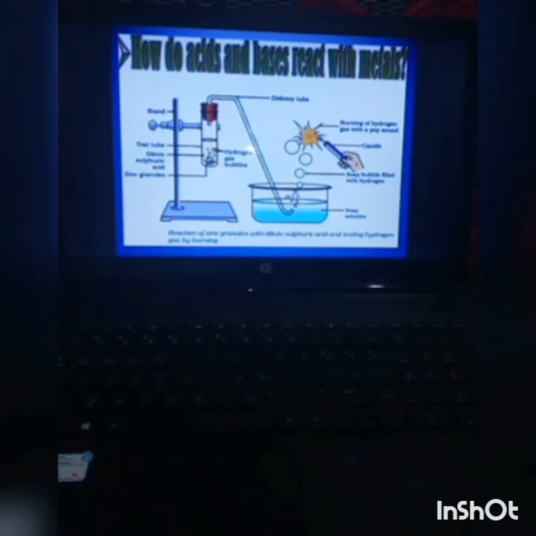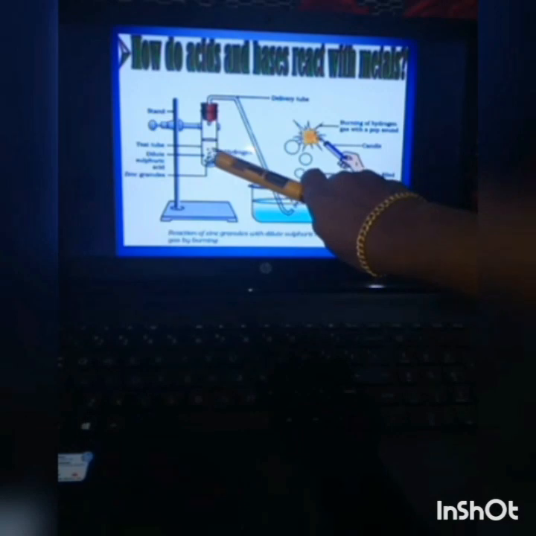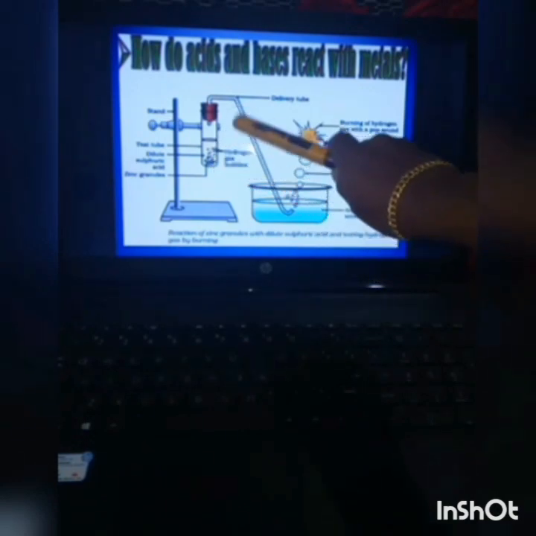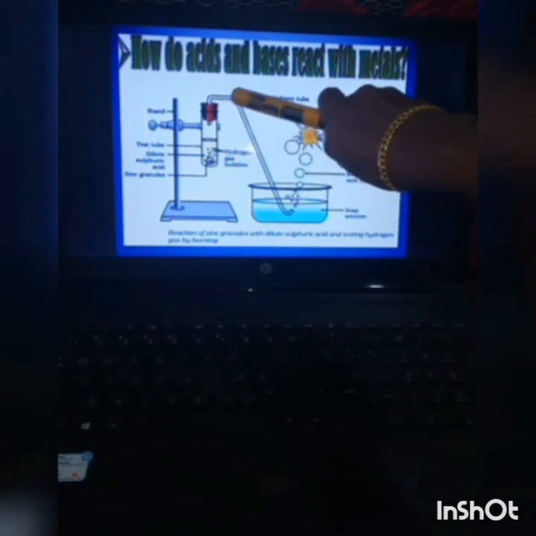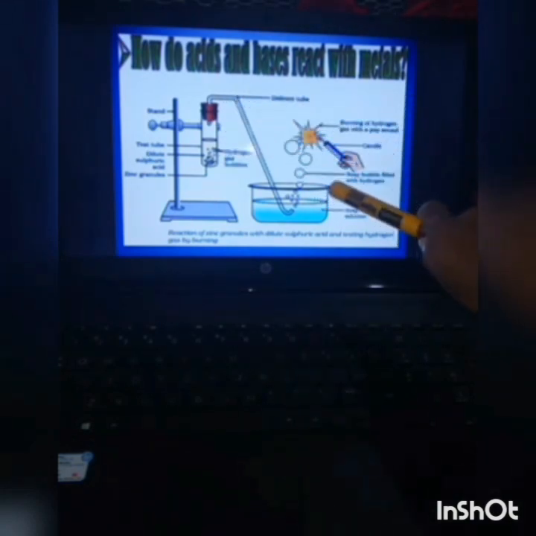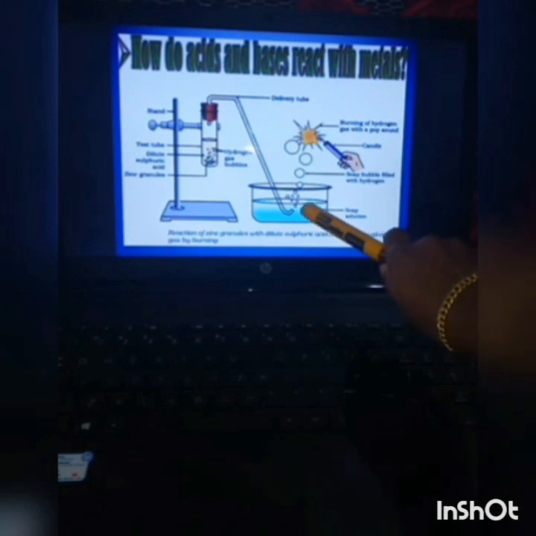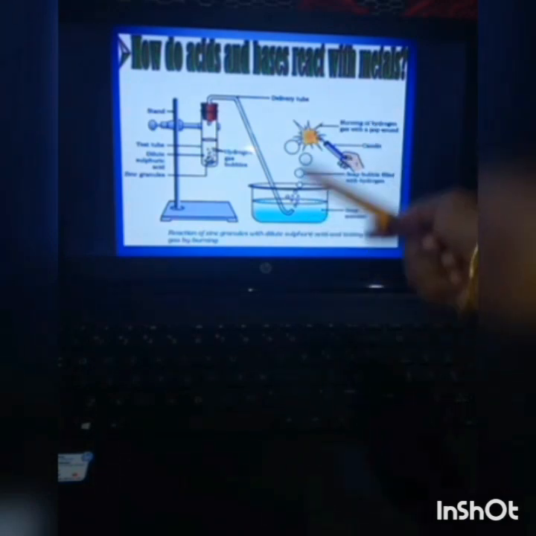Here the reaction happens. Zinc reacts with dilute acid and bubbles of gas are produced. That gas is hydrogen gas. This hydrogen gas enters the delivery tube, reacts with the soap solution and forms soap bubbles here.